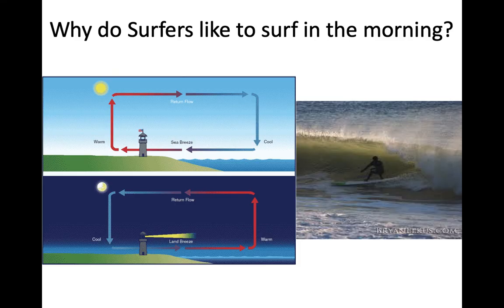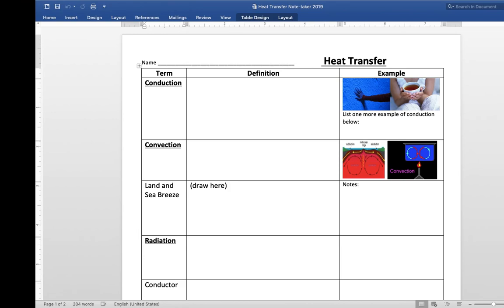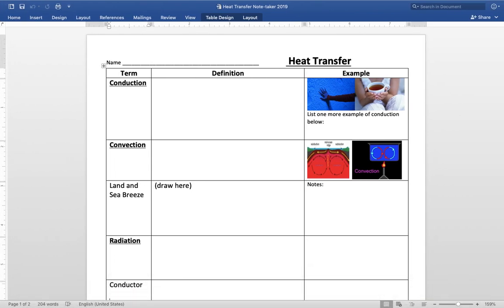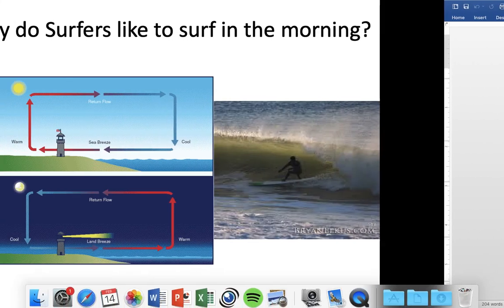So the question we want to ask ourselves is, why do surfers like to surf in the morning? On your note sheet, you'll see that I've left you a space to draw this picture and to take any notes as we explain this question.